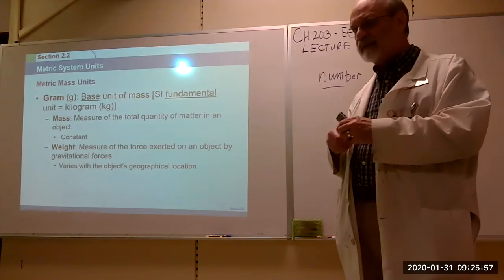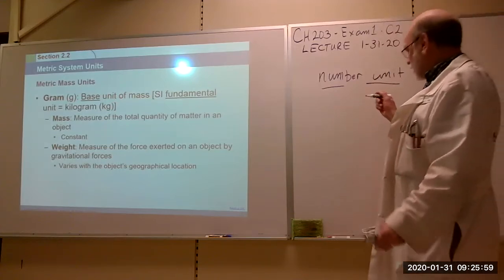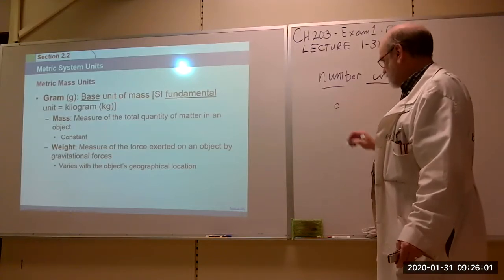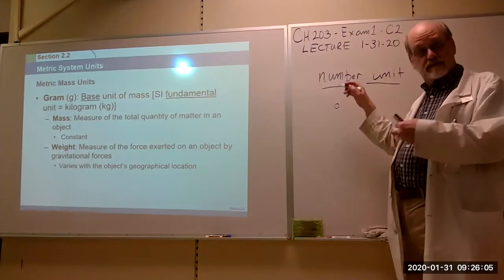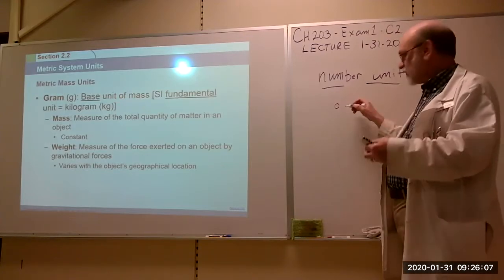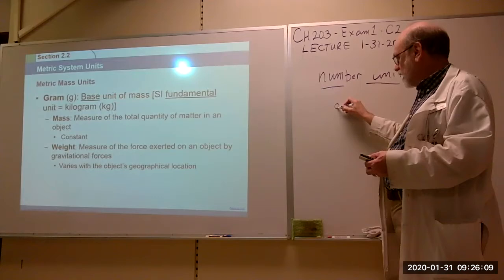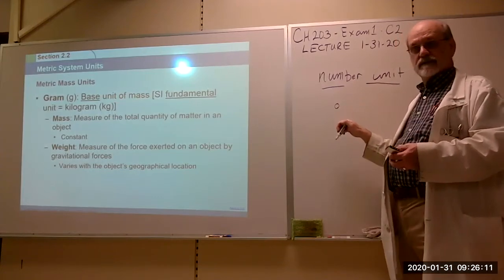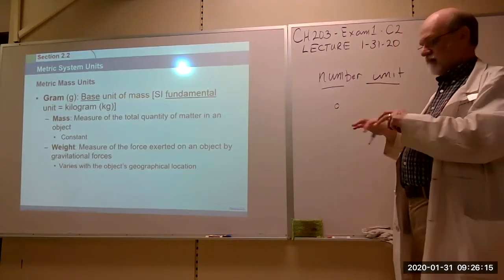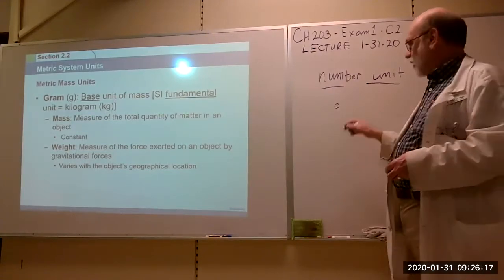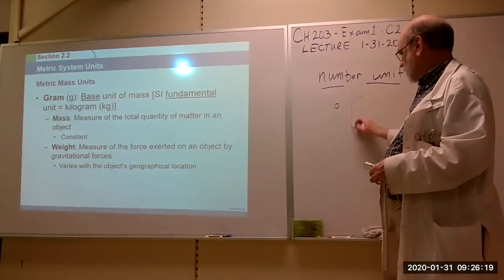Now, why would that be? Well, if the gram is like this, then what if you miss that weight, or mass? If you miss the mass by that much error, that could be 1, 2, 3, 4% error, and that's unacceptable. So they said, okay, we need 1,000 of those.